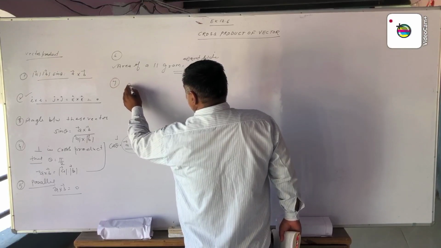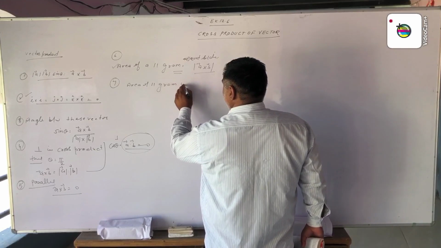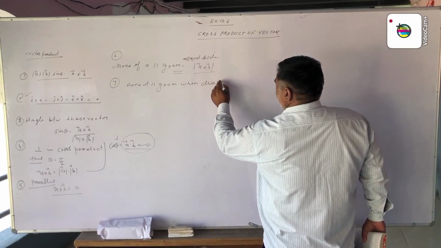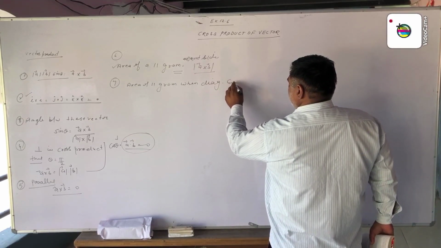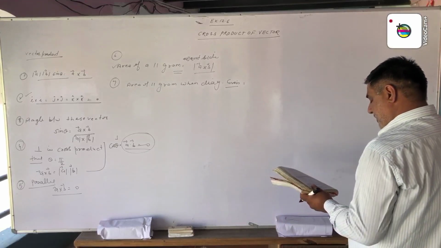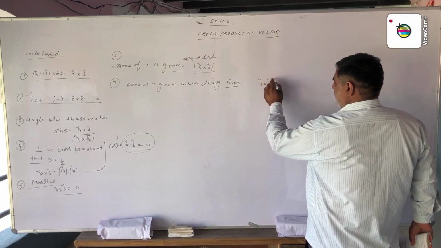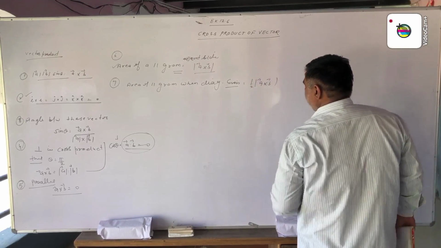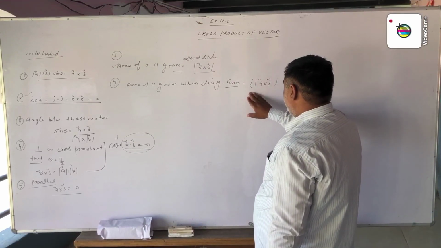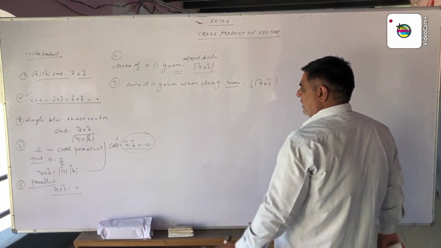Next, area of a parallelogram when the diagonals are given. We find the area of a parallelogram when the diagonals are given: first we find the magnitude of A cross B, and then multiply by 1 by 2.